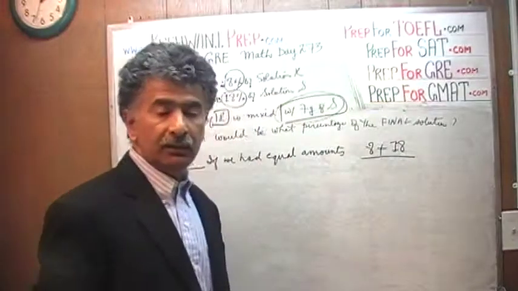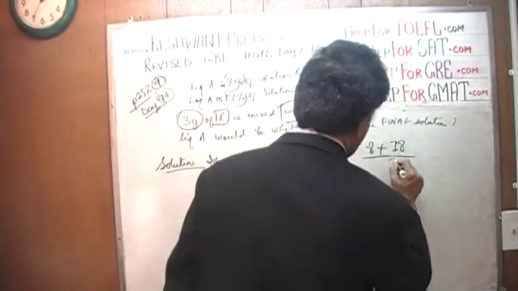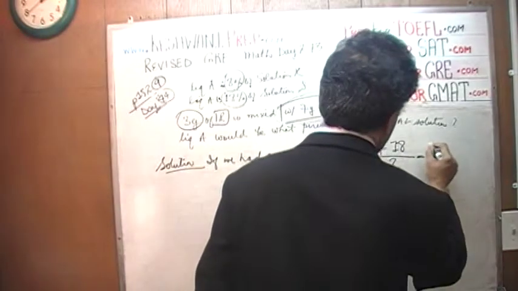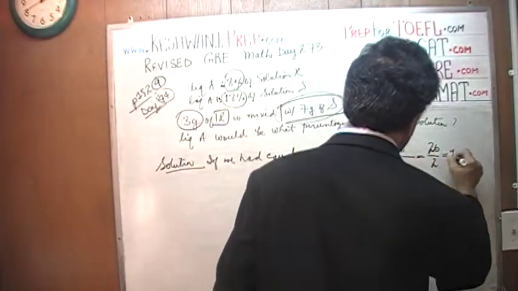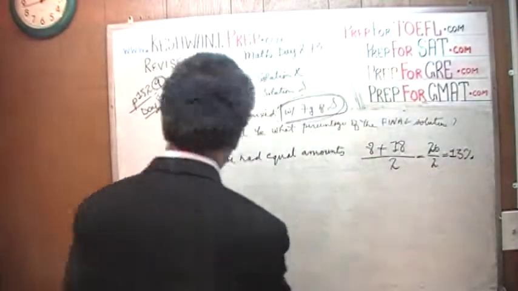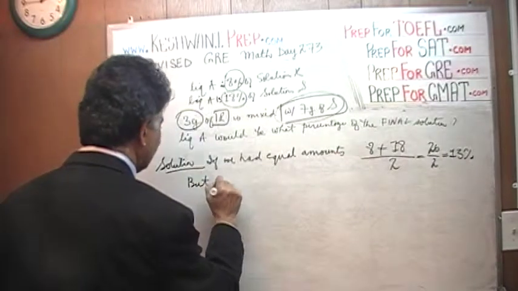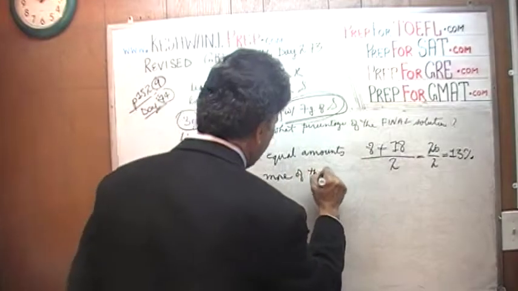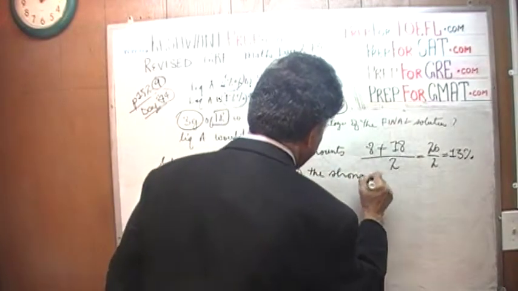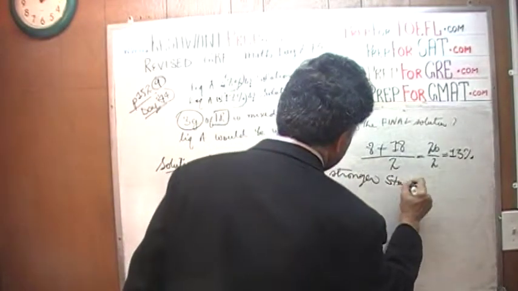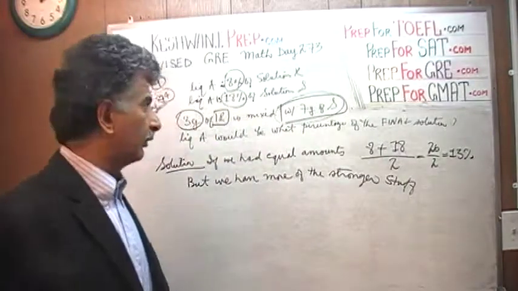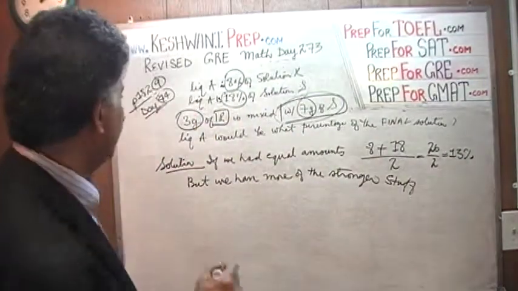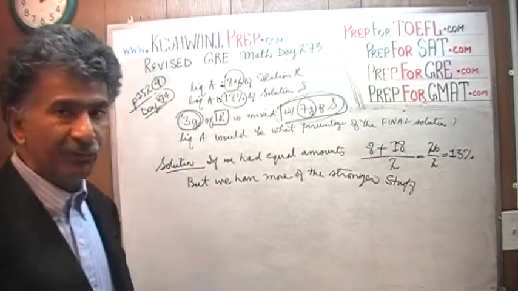If they are equal amounts, then of course the final concentration would be simply the average of the two, which is 26 divided by 2, which is 13%. But we have more of the stronger stuff. We have 7 grams of S and only 3 grams of R. R is the weaker one.